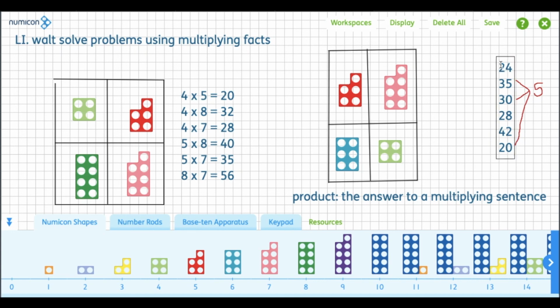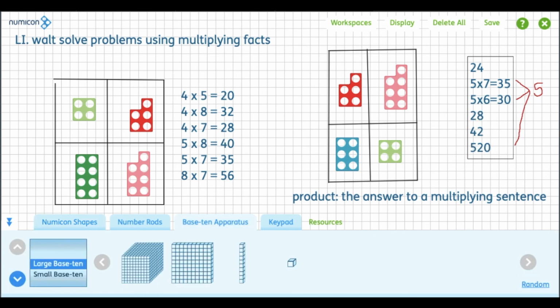So I've done 5 times 7 equals 35. Okay, and I've done 5 times 6 equals 30, and 5 times 4 equals 20.